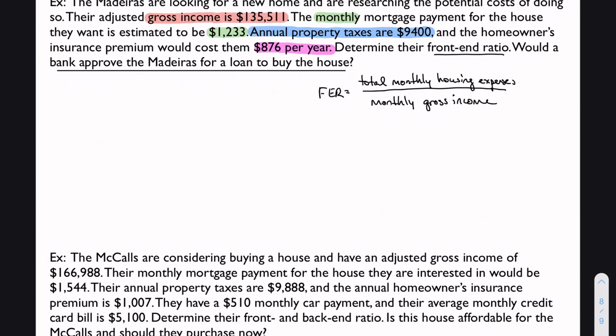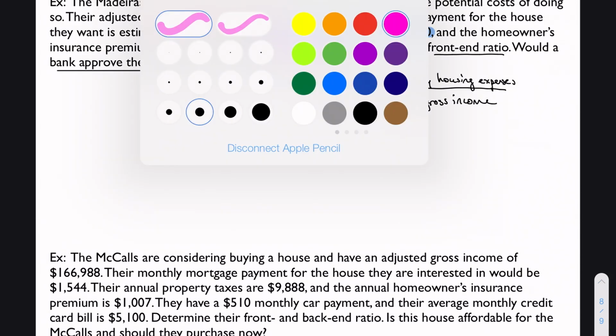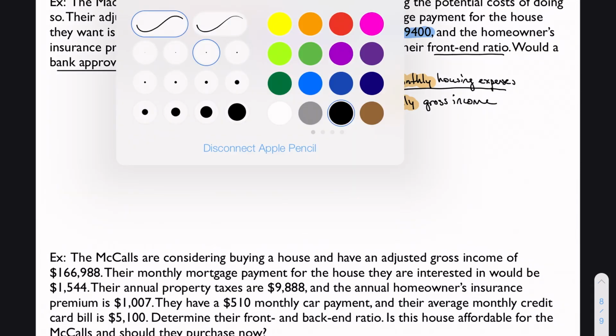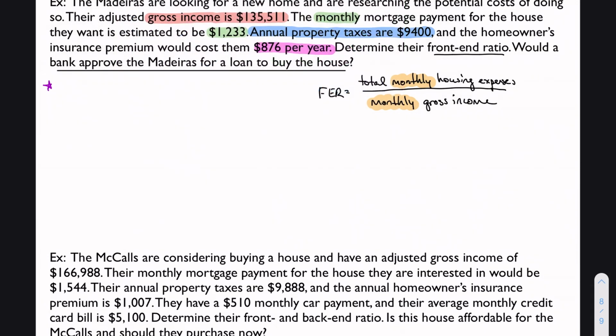The operative word here, the key word here, is monthly, which means anything I have that is not currently monthly, right? Anything given not monthly needs to be converted. So let's take this one piece at a time.